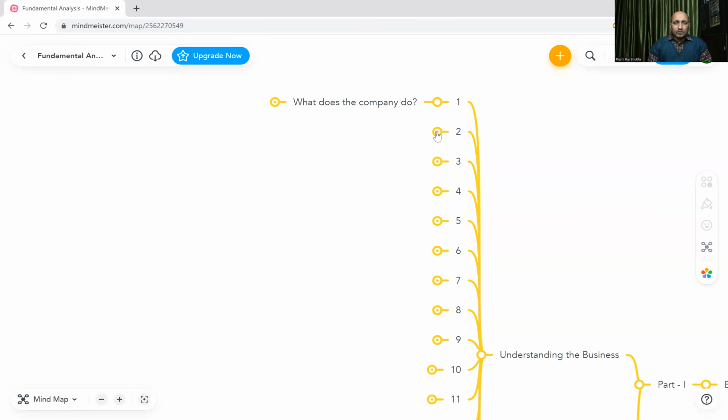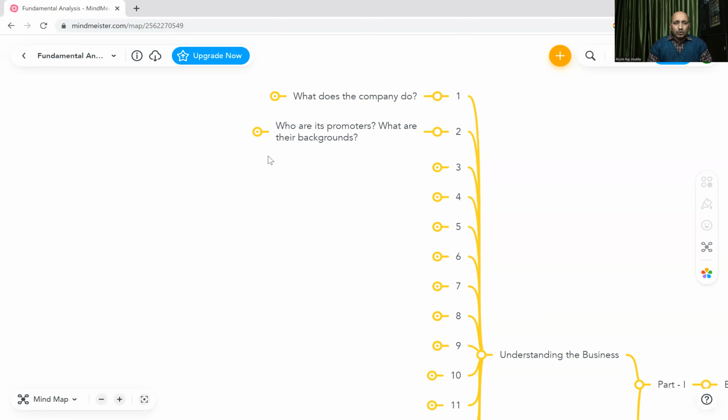Second thing, who are the promoters? What are their backgrounds? This is also very important, and this helps us understand promoters' background, whether they have any inclination to certain political parties, or have some criminal background or don't have a reputable background.